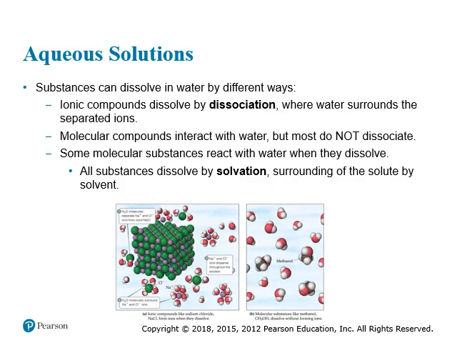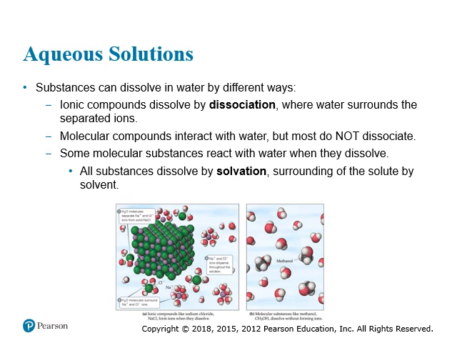Well, how do compounds dissolve in water? Depending upon the nature of the compound, that's going to dictate how the compound dissolves in water. Ionic compounds, for example, when ionic compounds dissolve in water, they do so by dissociating.